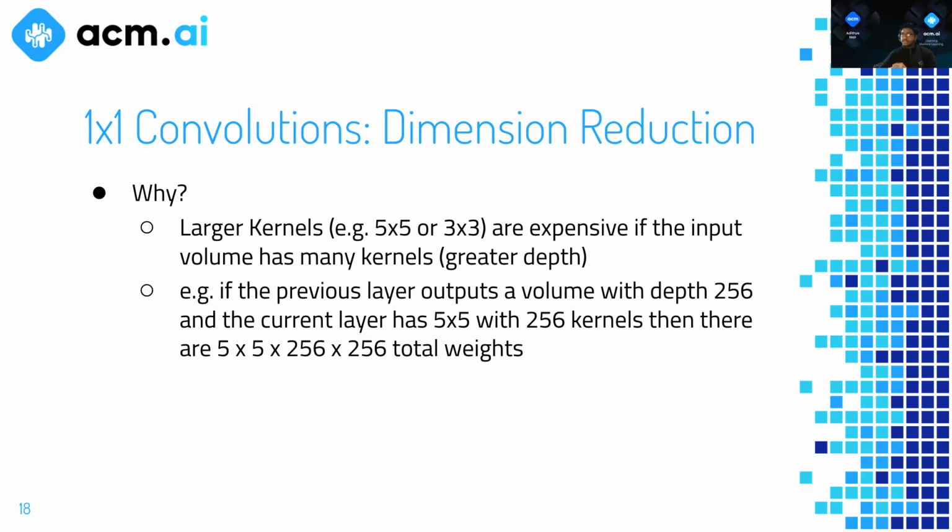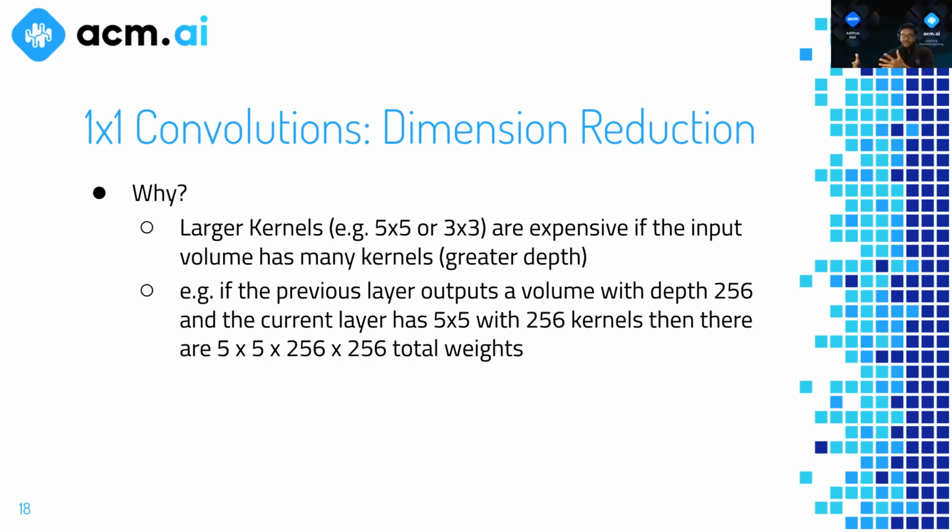It's 256. Let's say you take a kernel size for your filter of 5x5, and your filter depth needs to match the depth of your input volume. So you have filters that are essentially 5x5 with a depth of 256. And let's say you want to focus on 256 distinct features. You would have to have 256 of these filters. So that means 5x5 by 256, the volume of one single filter, multiplied by 256 for those 256 different filters.